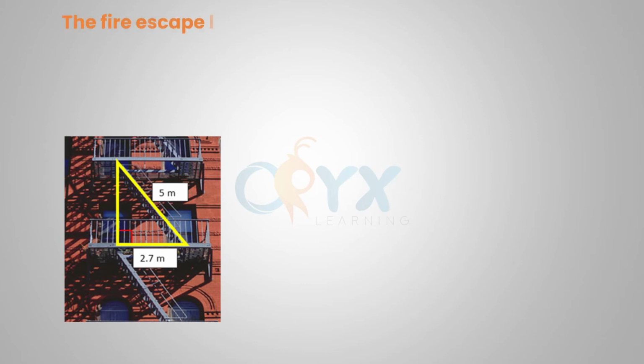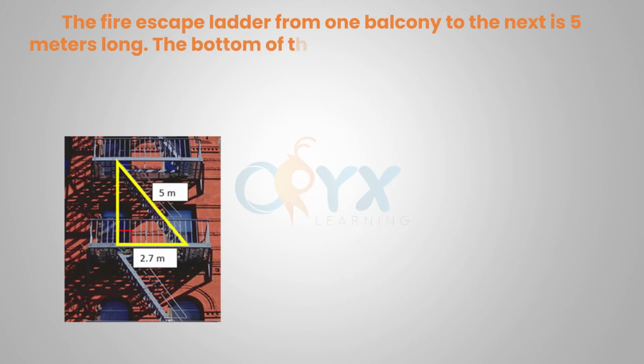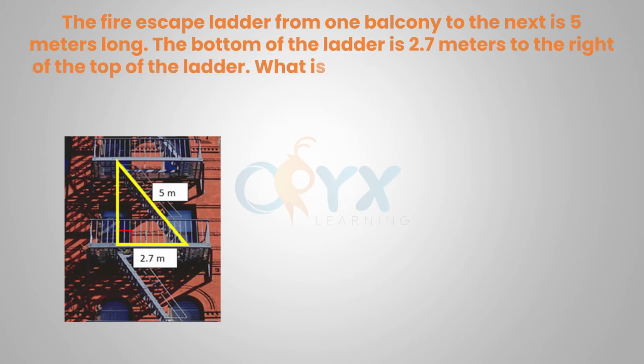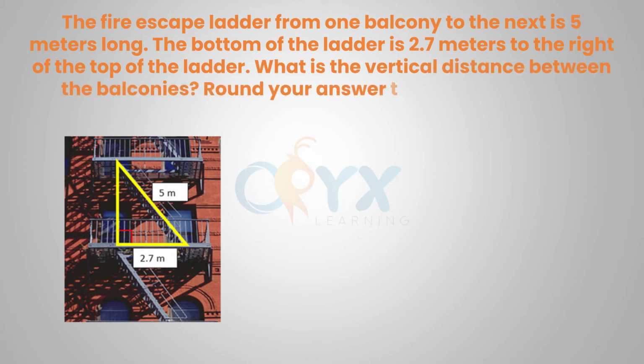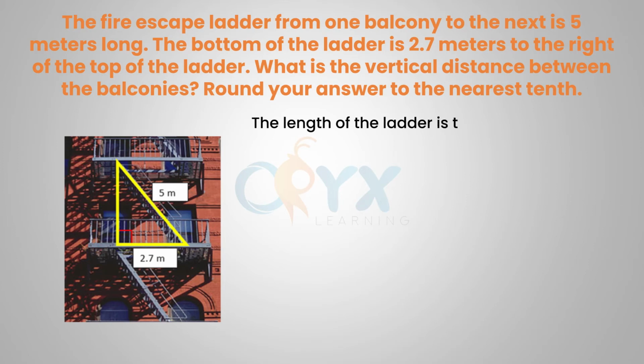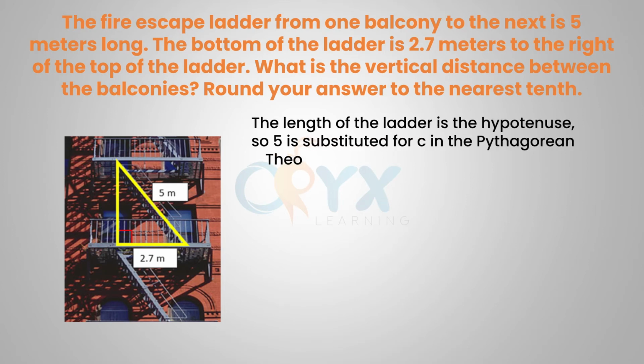The fire escape ladder from one balcony to the next is 5 meters long. The bottom of the ladder is 2.7 meters to the right of the top of the ladder. What is the vertical distance between the balconies? Round your answer to the nearest tenth. The length of the ladder is the hypotenuse, so 5 is substituted in for c in the Pythagorean theorem. 2.7 is one of the legs.